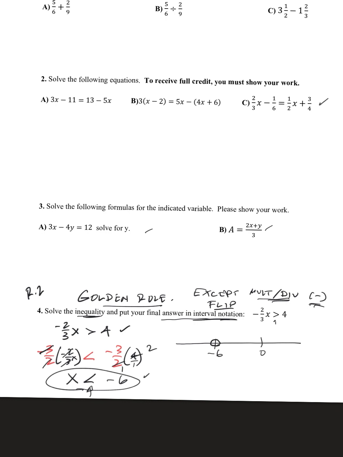Negative 6 is serving as a boundary, but we're not allowed to be equal to it. And our x's are less than, or to the left of, negative 6. So we're going to color our number line in this direction and put a big arrow saying it's going to go on forever. So my solution set actually has two forms right now, an inequality and a graph.